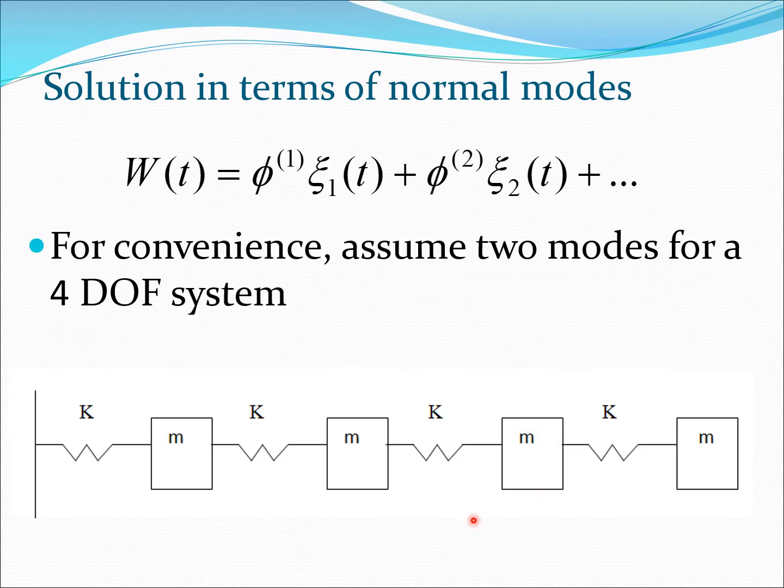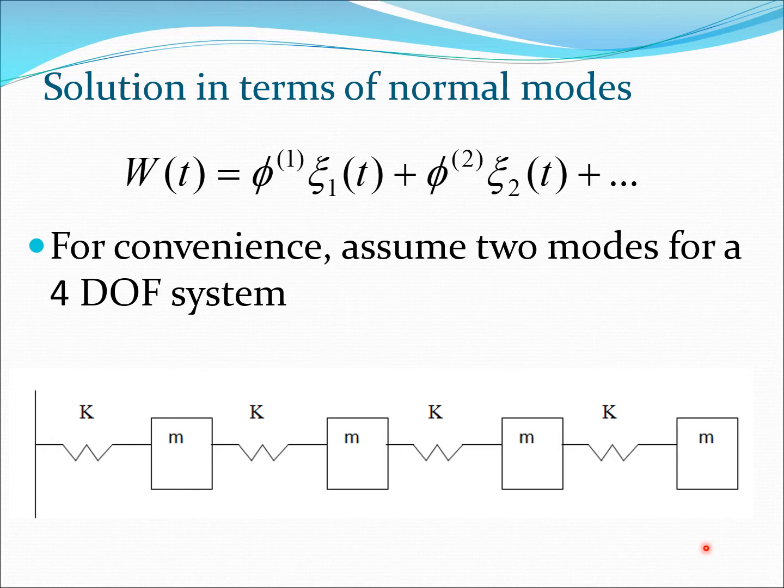So for simplicity and practicality, let us assume a 4 degree of freedom system. So generally all the analysis I am doing is valid for an n degree of freedom system, but let us say we have 4 masses connected by spring. So from our previous lecture you know that the degrees of freedom would be x1, x2, x3 and x4 corresponding to these 4 masses.